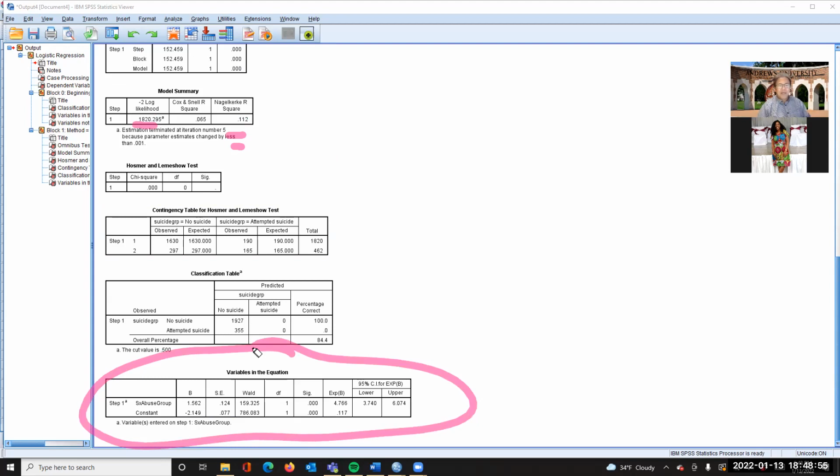This really is the meat of the binary logistic regression.